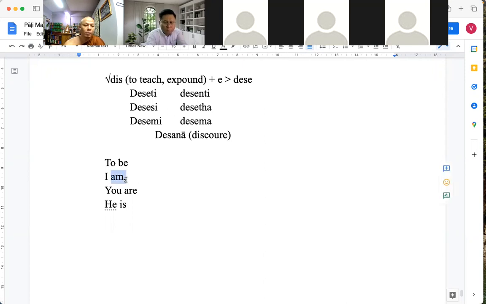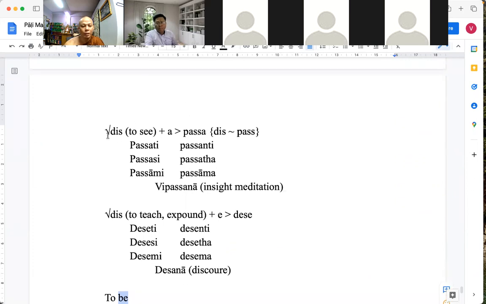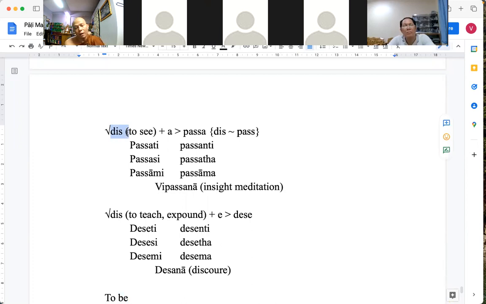So actually those am or are or is are not changing from the root, from the infinitive be. That is just replacement. That is the nature of a language. So the same way in Pali also. Even though root dis, I already told you, looks like the infinitive, but in forming the first person, second person, third person, such a replacement we rarely find in Pali.